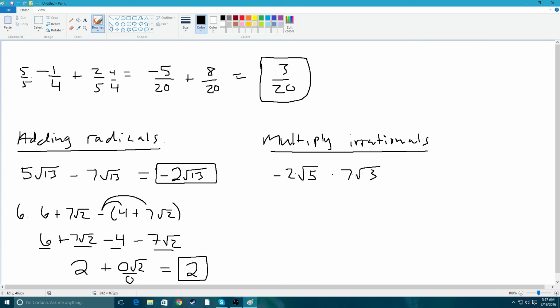So really, this is just one big multiplication problem. So you can do negative 2 times 7, which is negative 14. So I just multiplied these guys first. After that, we're going to do root 5 times root 3. And root 5 times root 3, if you multiply two roots, you just multiply their insides, and you get the square root of 15 underneath. And this is an irrational number for your answer.